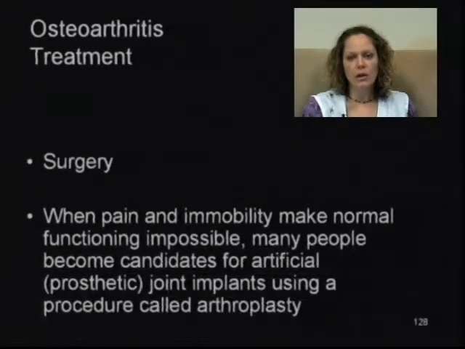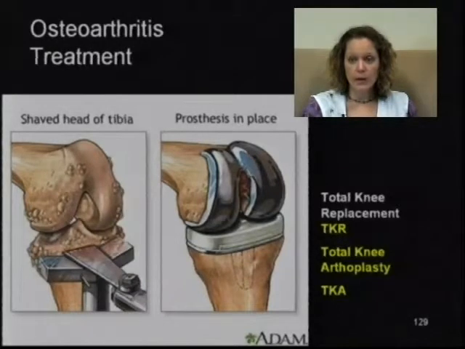So when all else fails, when pain and mobility make normal functioning impossible, people become candidates for artificial or prosthetic joint implants. And we do this using a procedure called arthroplasty. So here we can see a total knee replacement in which total knee arthroplasty is indicated.